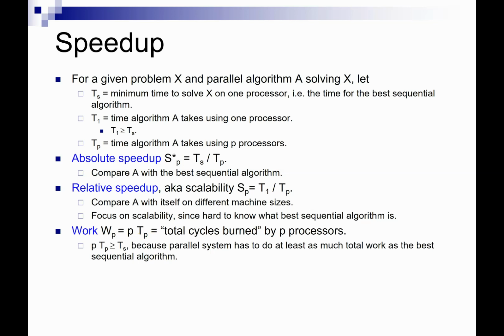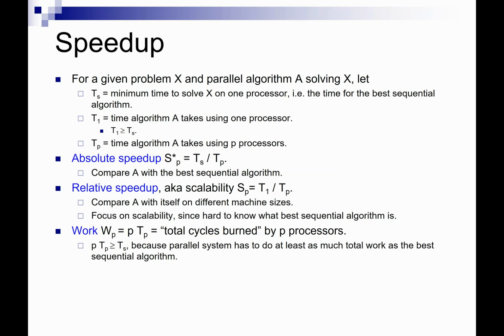Now, we have this property that P times TP, or the amount of work, is going to be at least T sub S. This is because T sub S is the running time of the best sequential algorithm, and because the sequential algorithm is using just one processor, the running time of that algorithm is equal to the amount of work that it's doing.